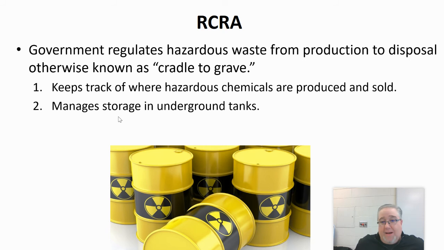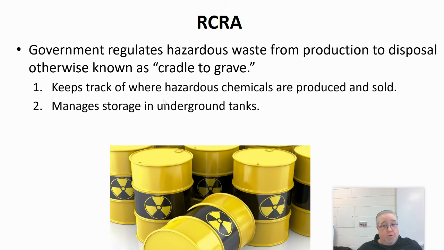It also manages any type of industrial hazardous waste in underground tanks. So, for example, if an industry or a factory is producing millions of gallons of hazardous waste, which needs to be stored in tanks, the RCRA Act allows the government to not only know where that's being produced, but also to manage where it's being stored.